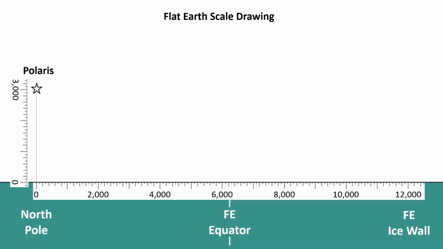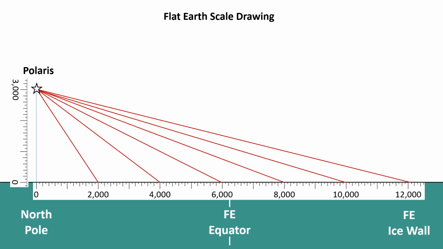Of course, we know why they do this. So here I've drawn a flat earth scale drawing. I put Polaris at 3,000 miles in altitude, North Pole at 0, flat earth equator 6,225 miles, and over here we would have the flat earth ice wall at about 12,000 miles.